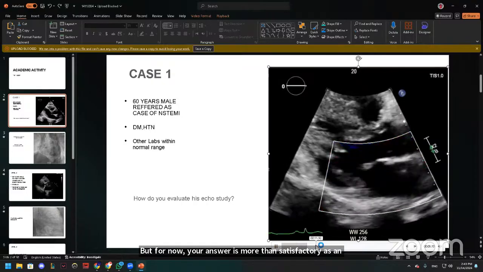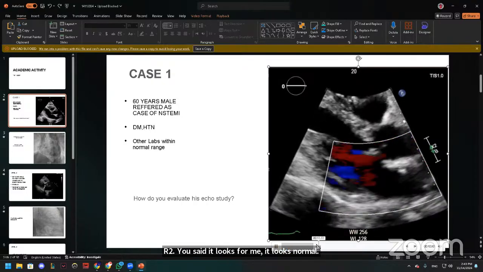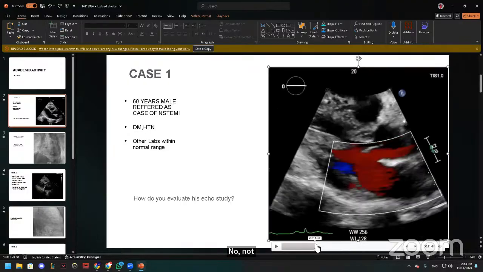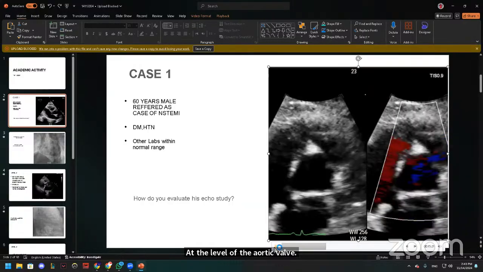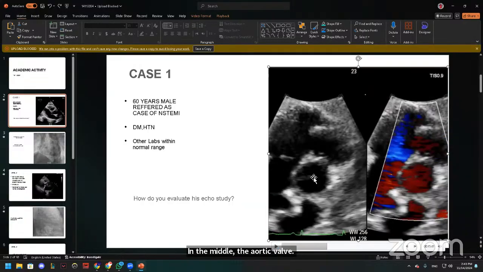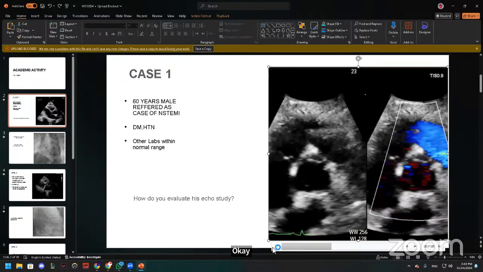But I'll show you the aortic valve. So what is this view? This is the short axis parasternal view at the level of the aortic valve. Excellent. What is this valve that we're seeing? In the middle, the aortic valve. Excellent. Actually, before the color, visually, do the leaflets look thick?